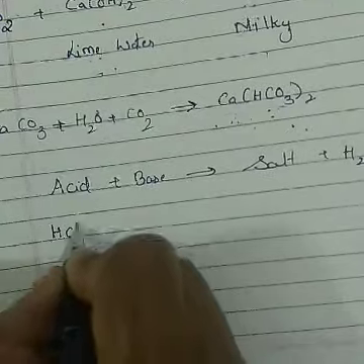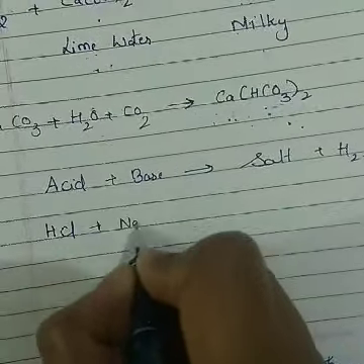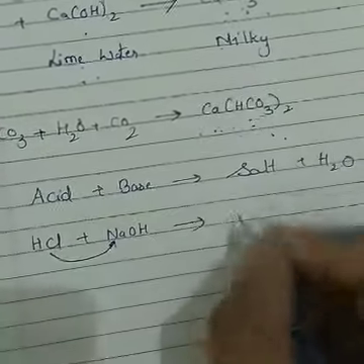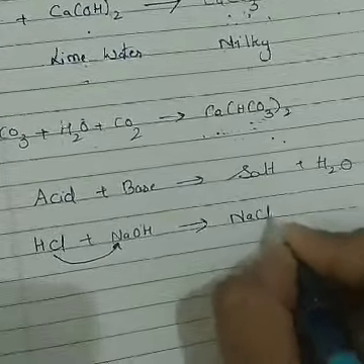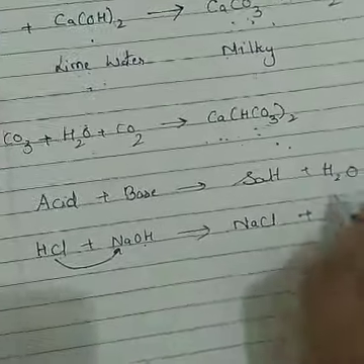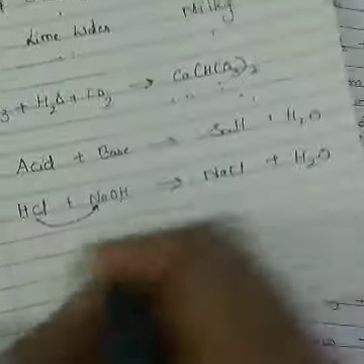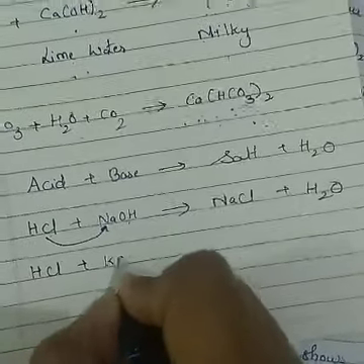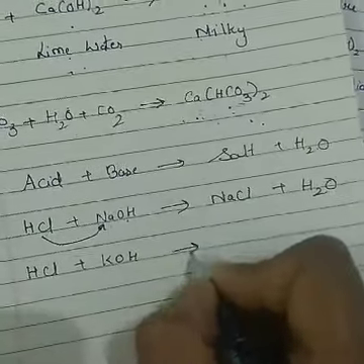I am taking an acid HCl and a base like NaOH. Which salt will it form? Sodium chloride. Chlorine will react with the sodium to form sodium chloride, and H will react with the OH to form water. Similarly, I am taking one more, KOH, potassium hydroxide.